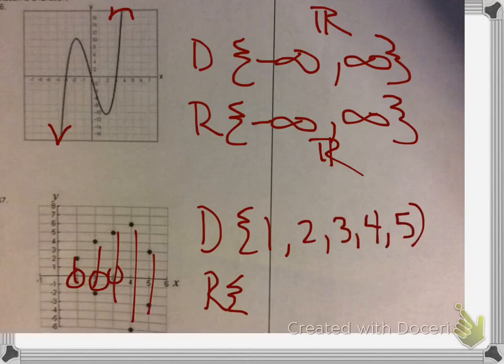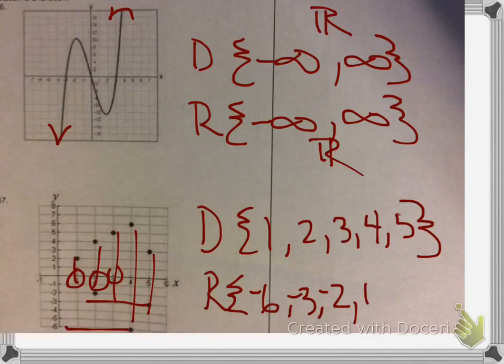The y values are starting at -6, -3, -2, 1, no, I'm sorry, 2, 2, 3, 4, 5, and 6. You have to list them individually when it's points, okay? So keep that in mind. You want to make sure you choose the right one.